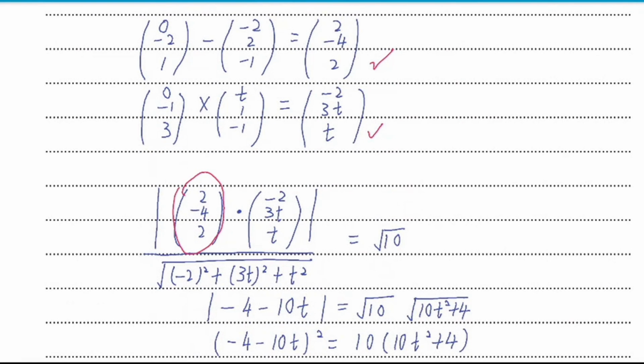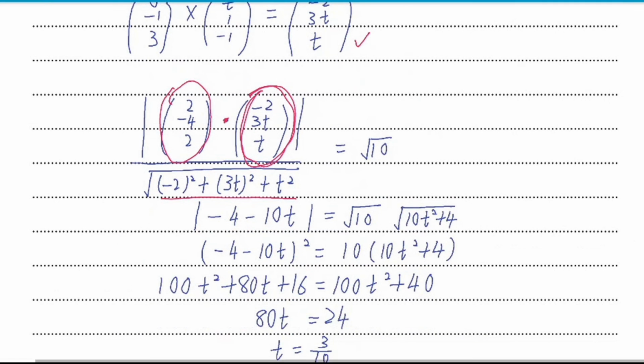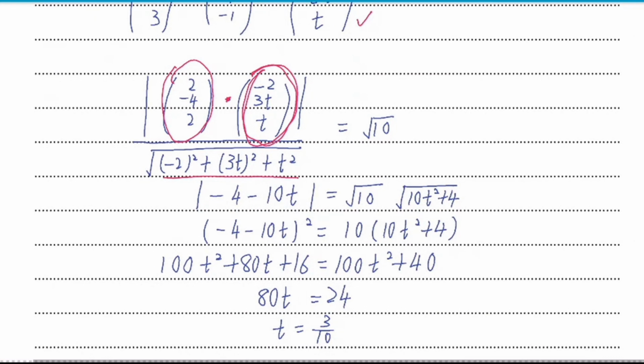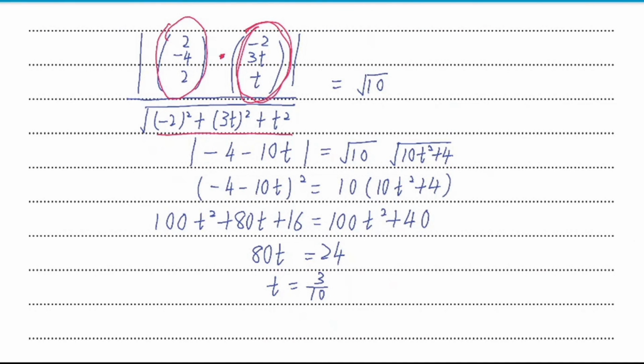So this is the point minus point. This is the direction cross direction. We dot them, and we put the modulus to it because we just want the distance. Divide by, so what do we divide by here? We divide by the magnitude of the cross product here. Okay, so we can tidy up a little bit there. There must be a lot of things in terms of t here. But it is actually not too bad when we square both sides and solve them.